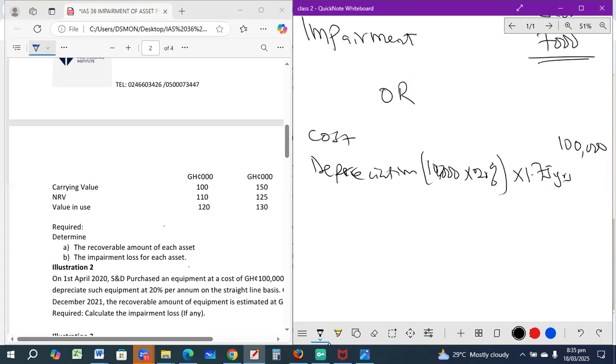That will give us the accumulated depreciation: 100,000 times 20% multiplied by 1.75 years. 35,000. Is it 35,000? Yes.